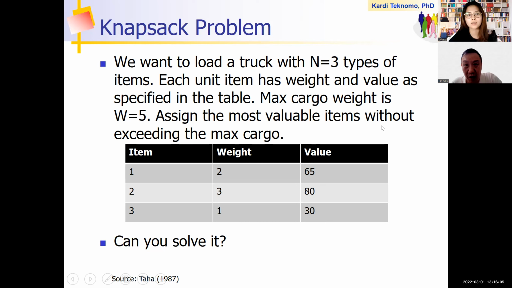How many possible values of item 1, item 2, item 3? You still remember knapsack? Yes or no? Last week. I cannot hear you.